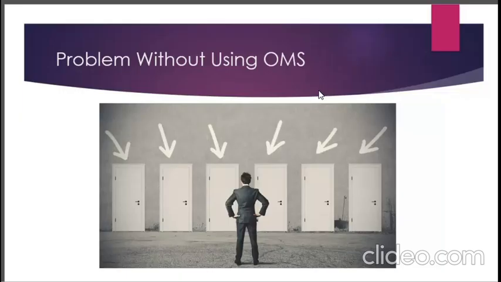So that is the reason. There are so many other problems that businesses will face because there will be no proper tracking. Suppose someone wants to view the orders, or get reports or dashboards regarding the orders: how many orders are fulfilled, how many are cancelled, how many are returned, what was the reason, what the different types of payment modes are, from which system we are getting more orders.